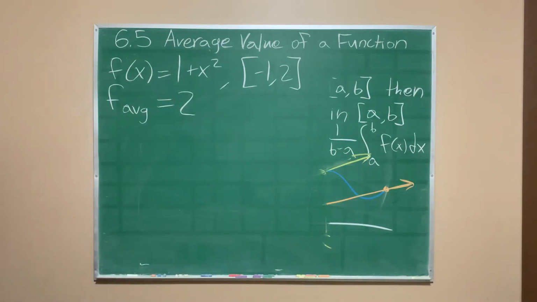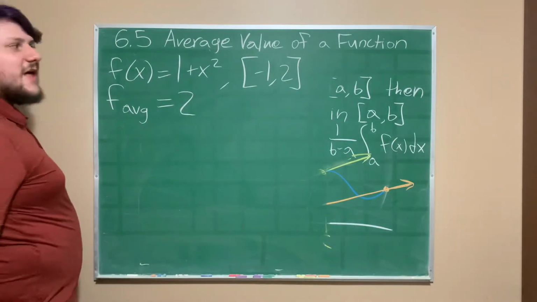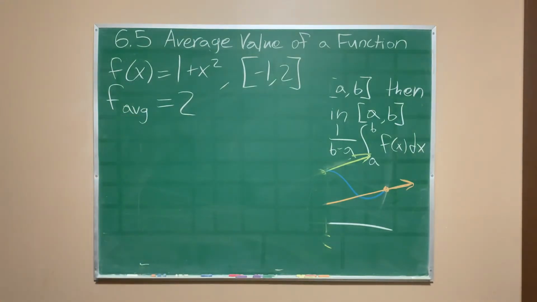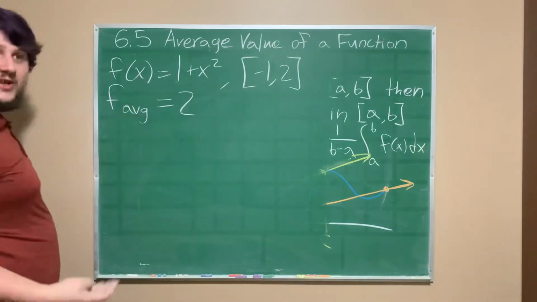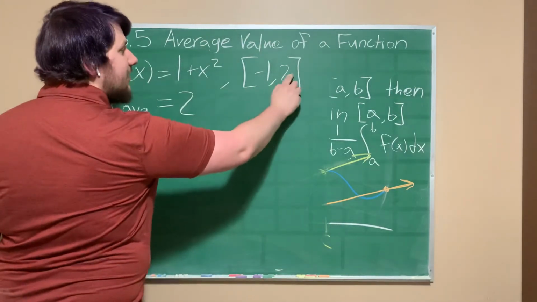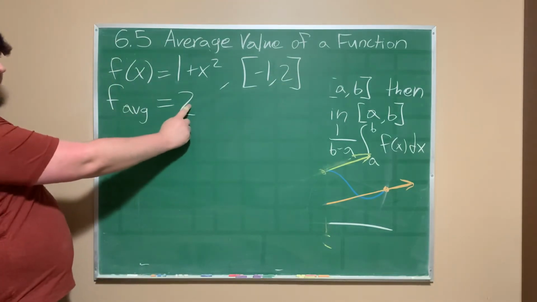Again, you can find that by integrating this function from -1 to 2 and dividing by the length of that interval, which is 3. All right, so what does the mean value theorem for integrals say? Well, it says that if this function is continuous on this interval, which it is, then there must be some number in between -1 and 2 here, such that its function value is equal to 2.